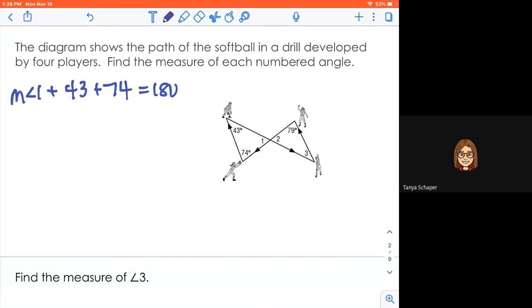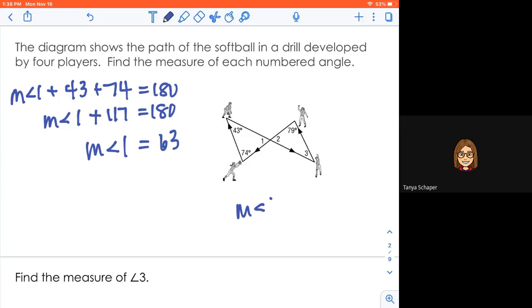If we simplify that, the measure of angle 1 plus 117 equals 180. Subtract 117 from both sides, so the measure of angle 1 is equal to 63 degrees.